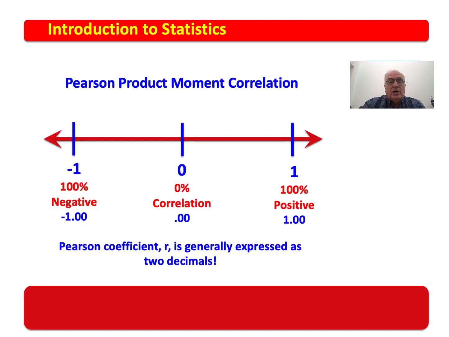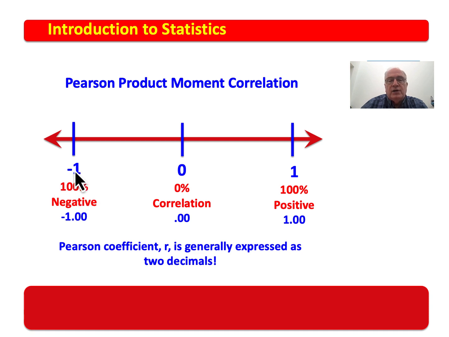Now, the Pearson product moment correlation is a value between -1 and 1. The number 1 means we have a 100% positive correlation. They are traveling the same direction, and they are absolutely 100% acting together. -1 is a negative 100% correlation, which means as one goes up, the other one goes down, but it is 100%.